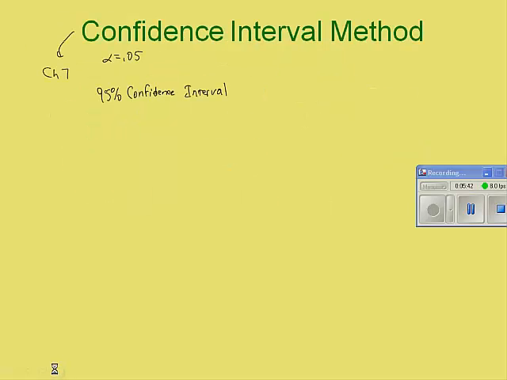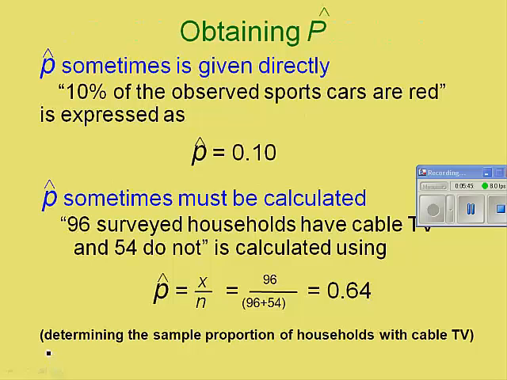Okay. The last thing to say about section 3. In that problem, how did we get p hat? Well, I think what we did was 57 divided by 104. Remember that?